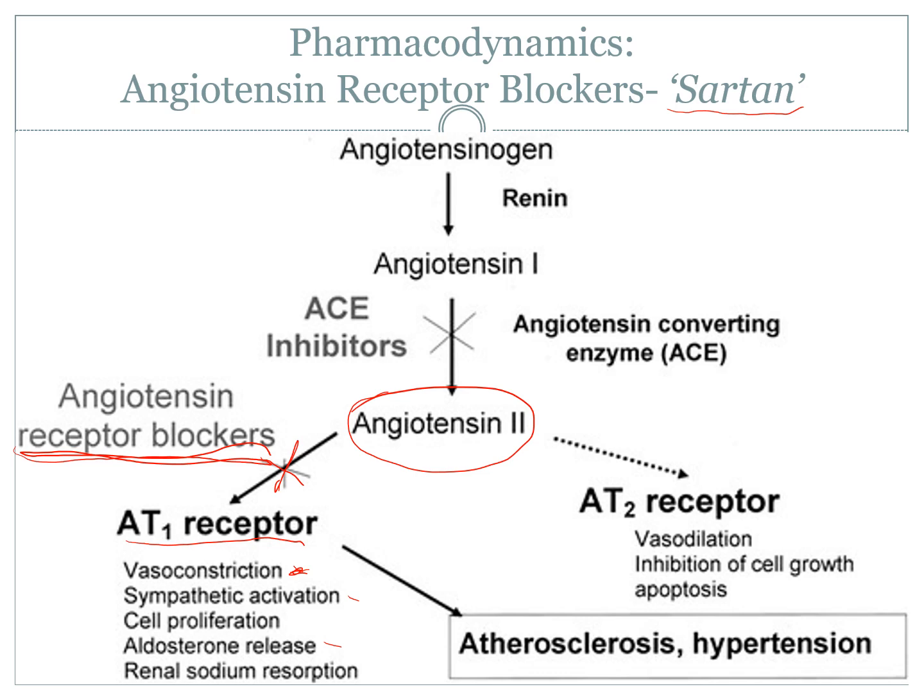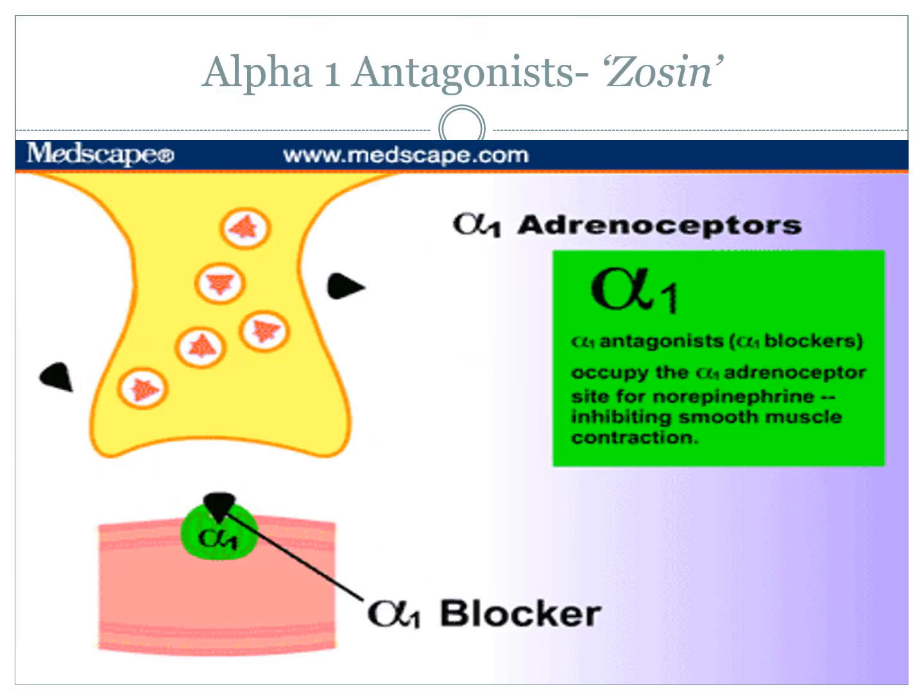The next class on the list is your alpha 1 antagonists. These particular ones don't have any effect on the alpha 2s. They're also known as your peripherally acting anti-adrenergic agents, or your alpha-A antagonists.